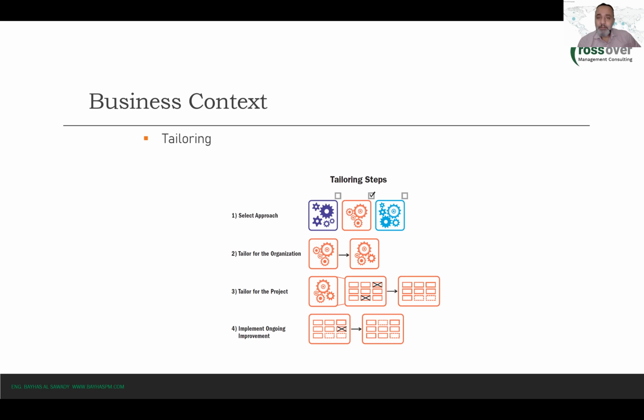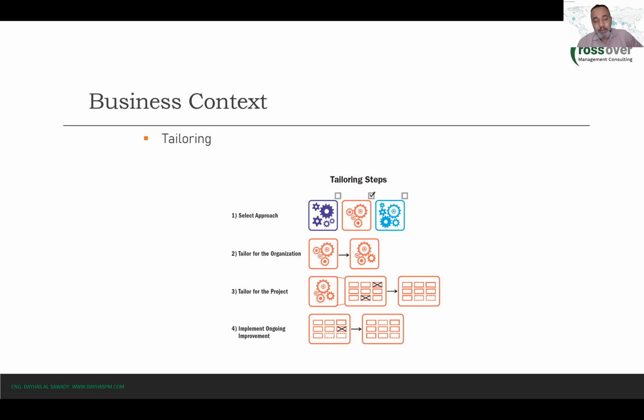so moving on, one of the most important things that the project manager should take into consideration is what we call tailoring. You know that each project by definition is unique, and each organization as well is unique too, and even the industry that the project is in might have certain specific, unique attributes.